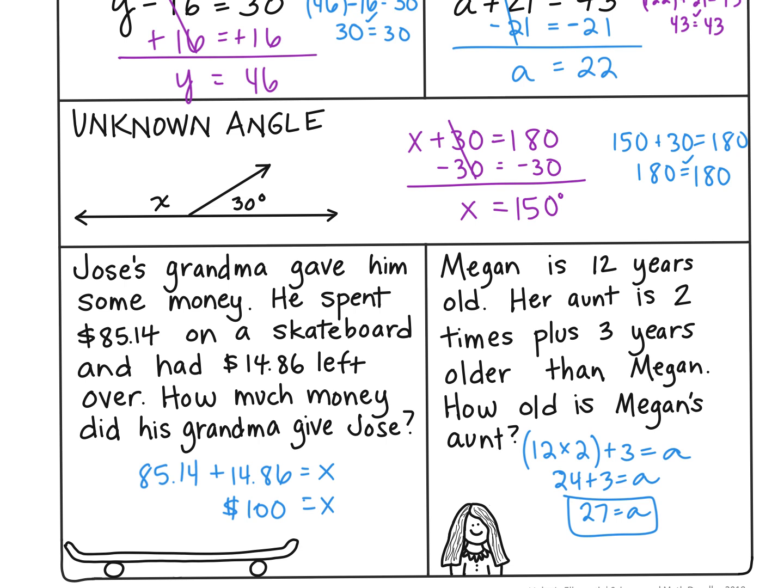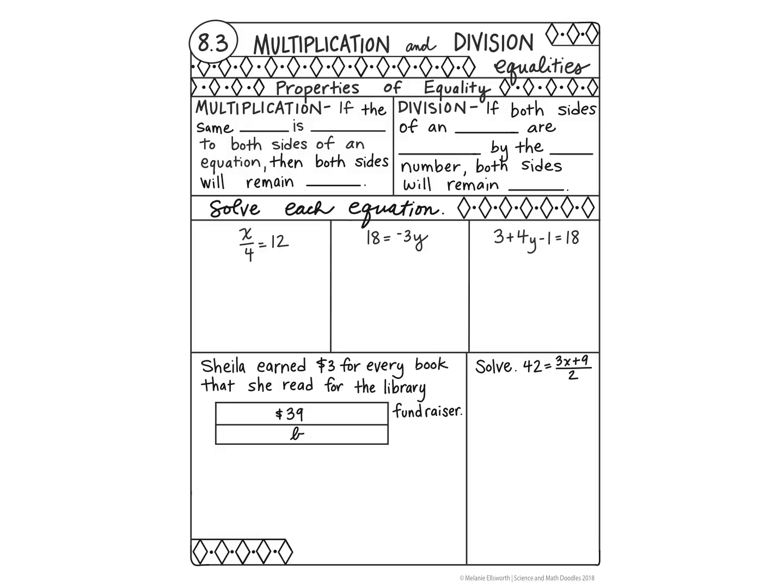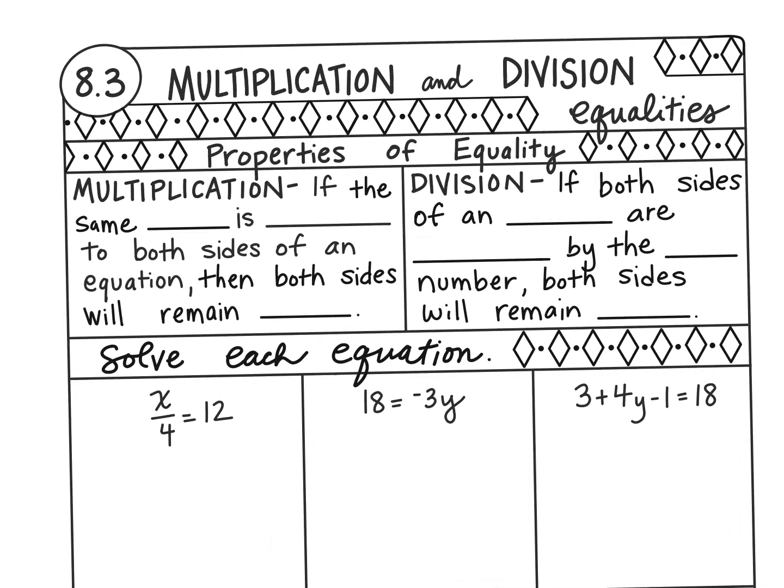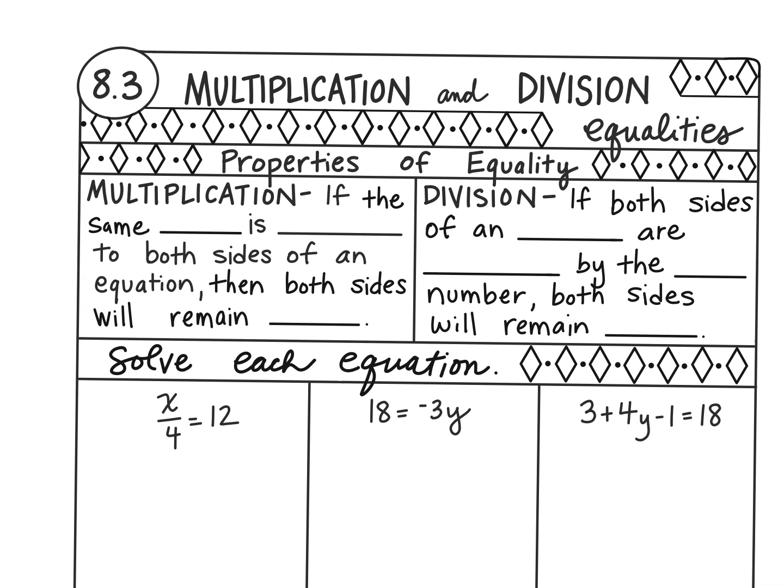All right, let's look at the next page where we are looking at multiplying and dividing. It's the same format, guys. Same format, but this time it's involving multiplication and division. If the same number is multiplied to both sides of an equation, then both sides will remain, what do you think?